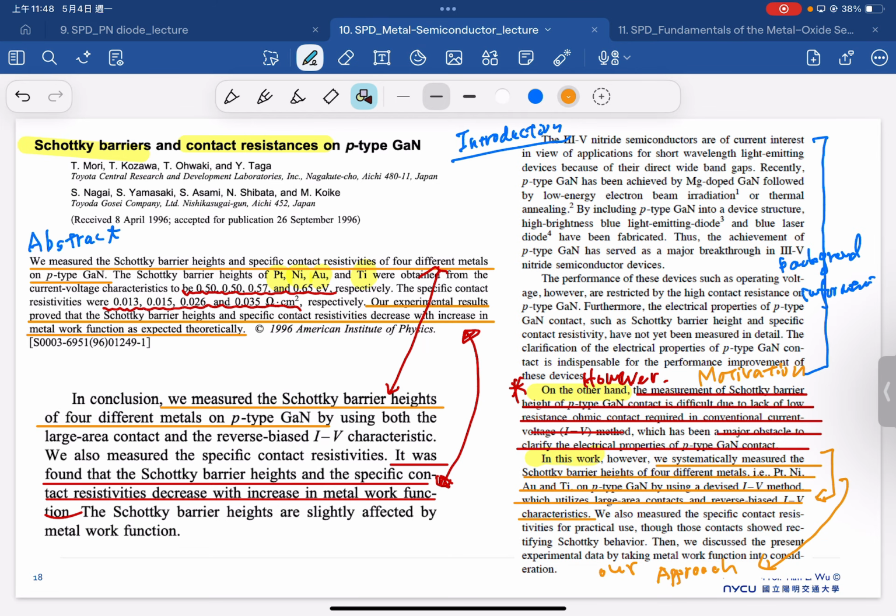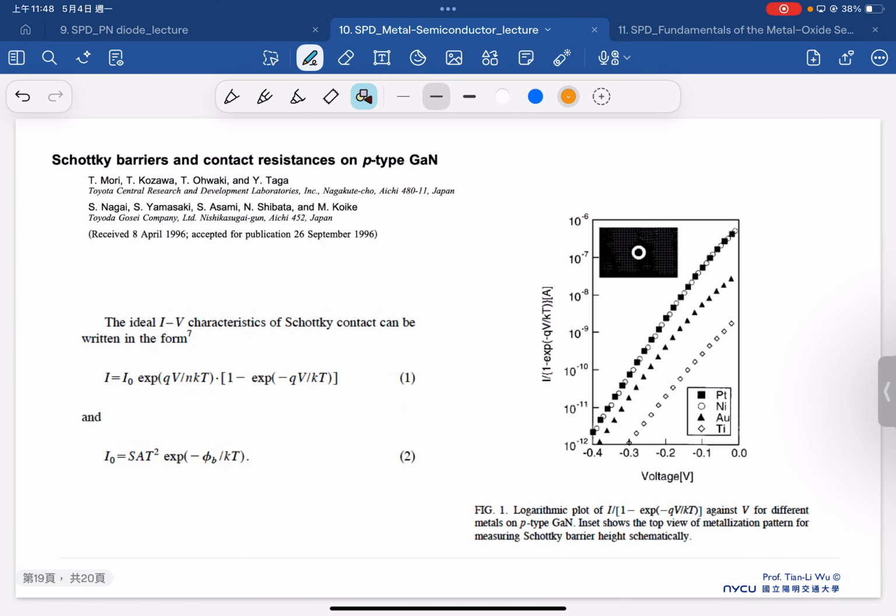For sure, there are some more details, but the details are not that difficult, because this just shows the key figure.